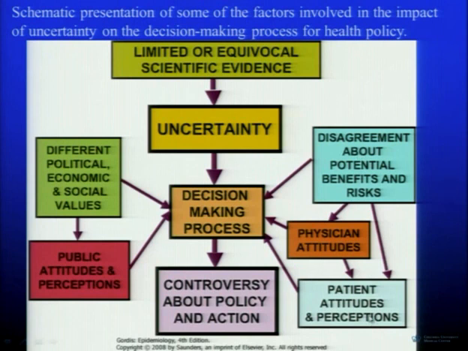There are physician attitudes, patient attitudes, political, economic, and social values, public attitudes and perceptions. You can just think about this, say, in the case of New York City trying to change the size of the sodas, and how much all of this came into play in the decision-making about the policy and the action, and how it could still end up in court.